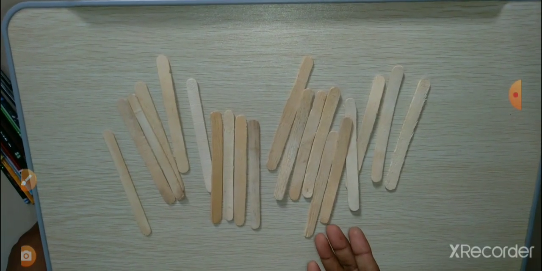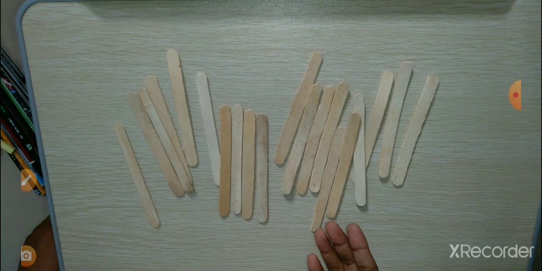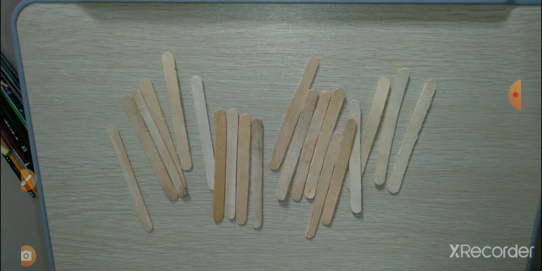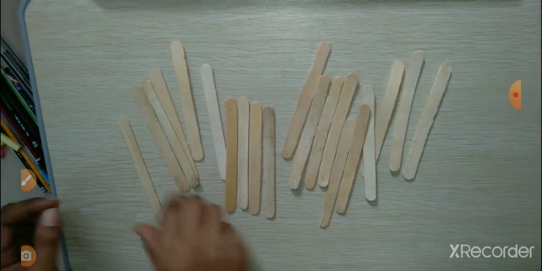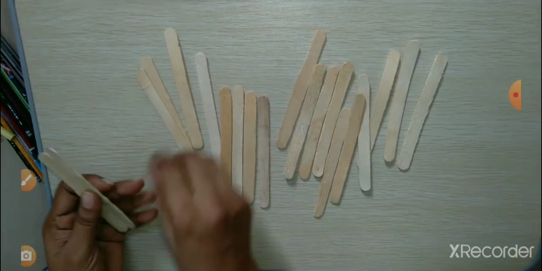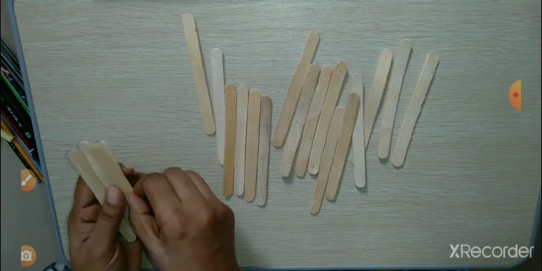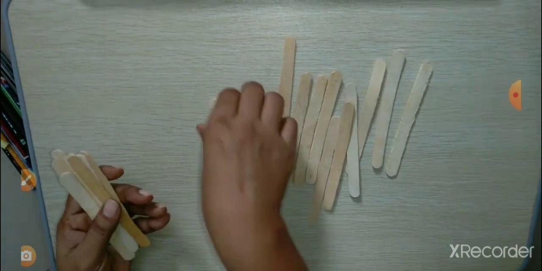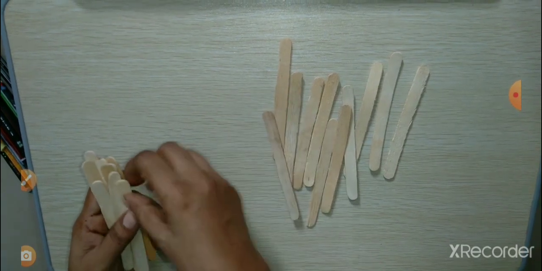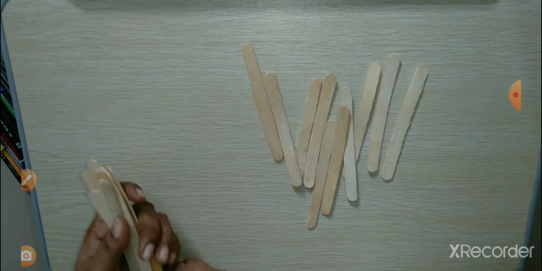Now again I am taking some ice cream sticks. Now let's find out how many tens and ones we get from this. 1, 2, 3, 4, 5, 6, 7, 8, 9, 10.